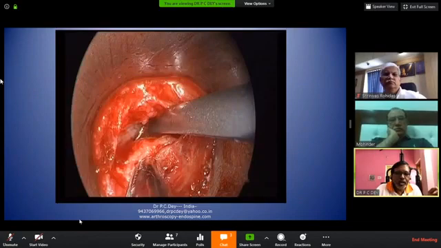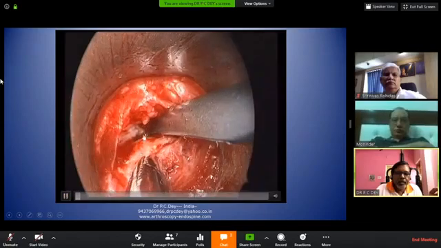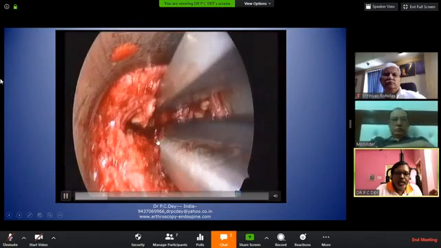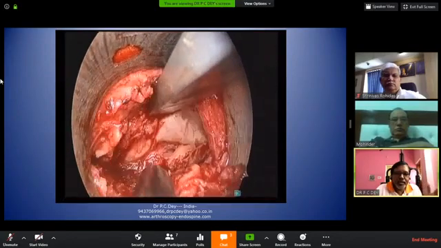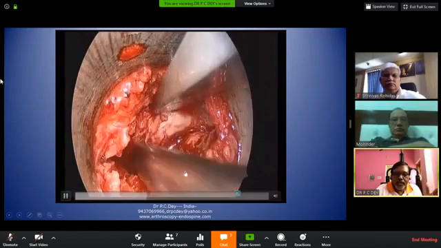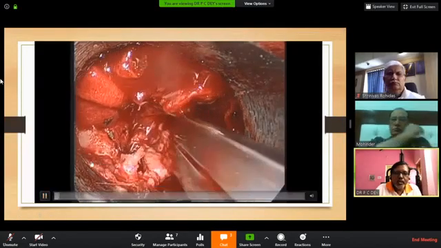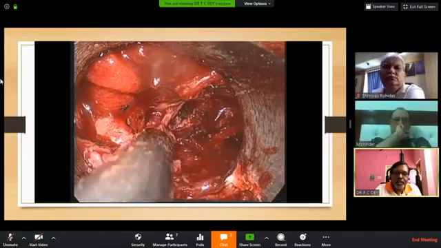So this is the way we are doing it. This is the facet here, the medial aspect of the facet. We have to sacrifice a little bit so that the cleavage will be better, and retract the soft tissue medially. And then you see, this is the situation we are going into. The nerve root is just protected by the fibrous tissue.